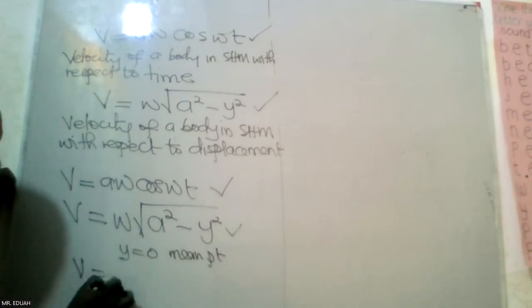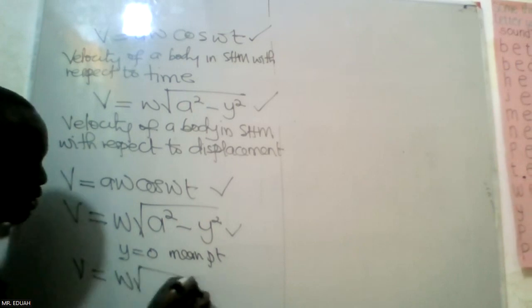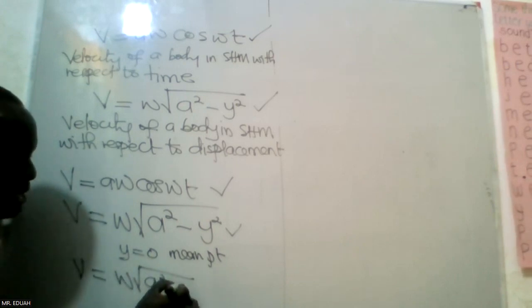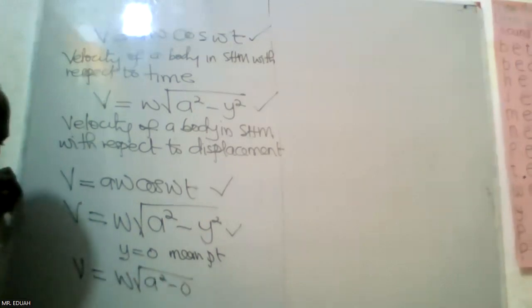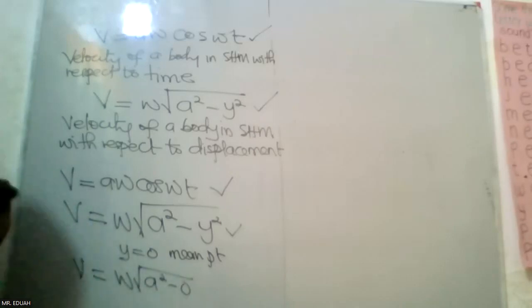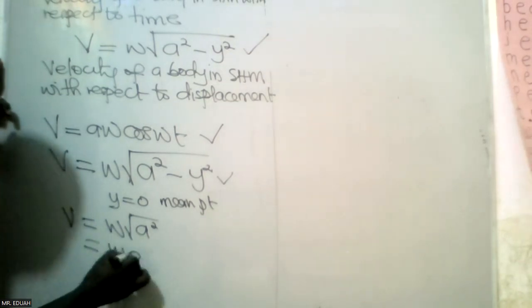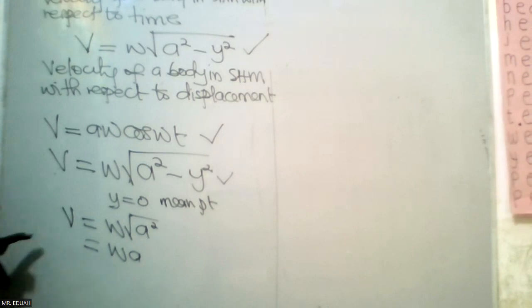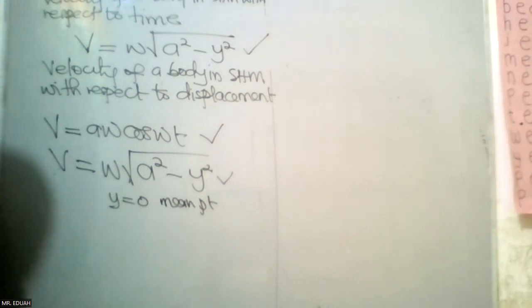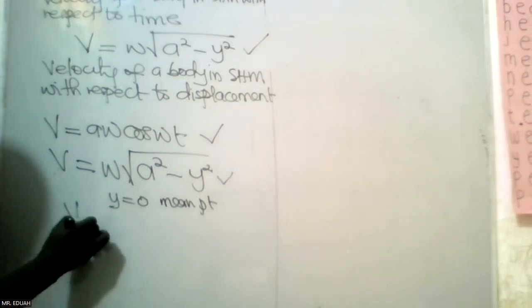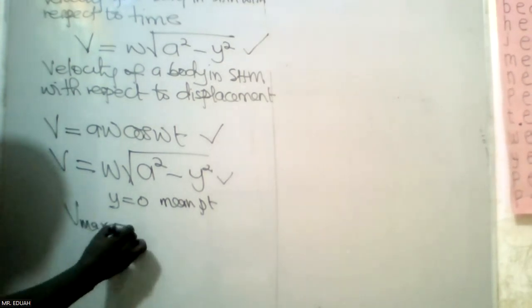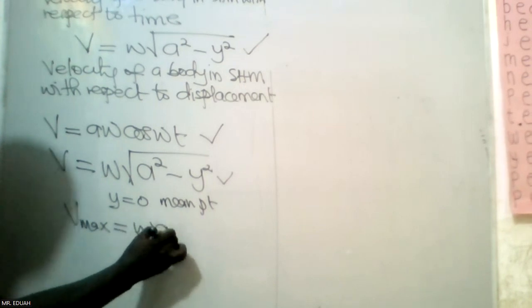You have v equal to omega times the square root of A squared minus 0 squared. 0 squared is 0, so you end up with v equal to omega times the square root of A squared, which is A. So the maximum velocity occurs at the midpoint, and the formula for the maximum velocity is omega A.